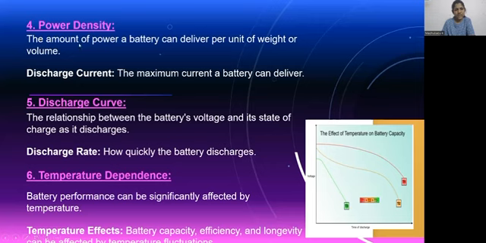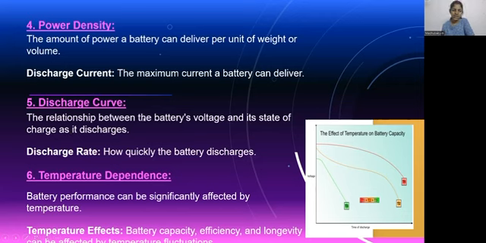Power density is the amount of power a battery can deliver per unit weight or volume. And discharge current is the maximum current a battery can deliver.